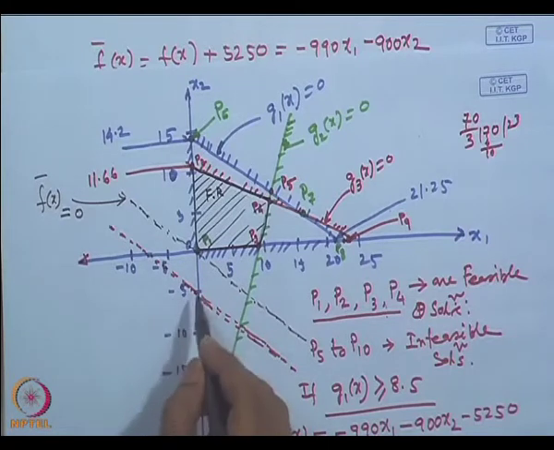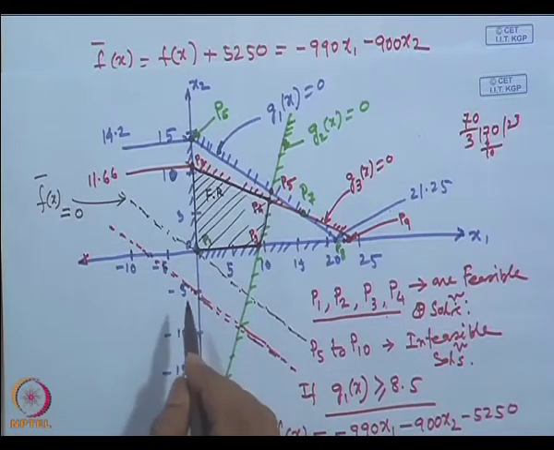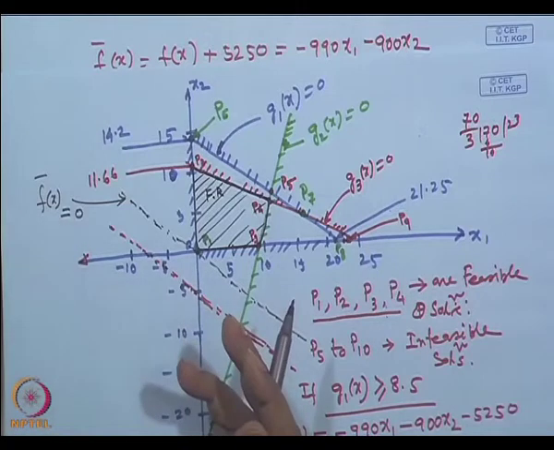Agree. So, the function value is decreased, f bar value is decreased, which in turn f also decreases, but we have to see whether it is a feasible solution or not.